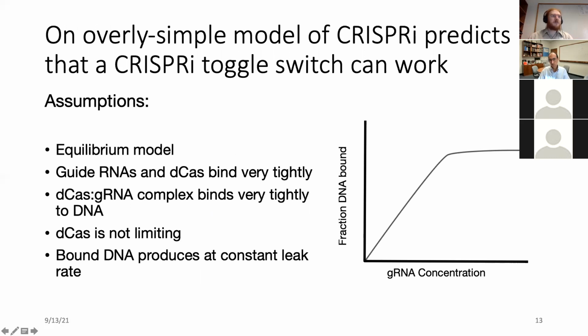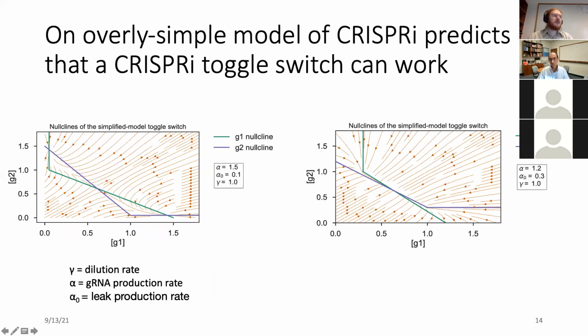This is not particularly realistic, but already it'll give you a binding curve that looks like this. This is very unlike the S-shaped binding curves that you see from standard repressors. It's basically piecewise linear. It's not quite, there's a little kink right at the corner, but it's essentially piecewise linear. And we can use that to get some understanding of what you can do with it. In particular, you can make a toggle switch from this oversimplified version of the CRISPRi system.